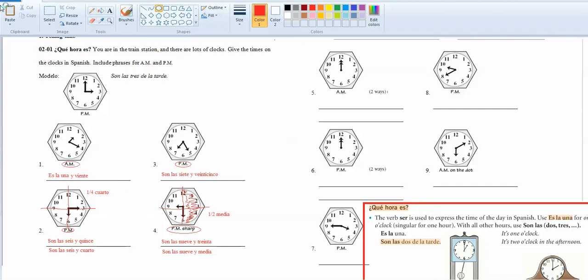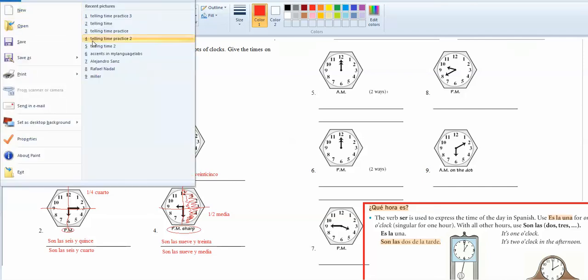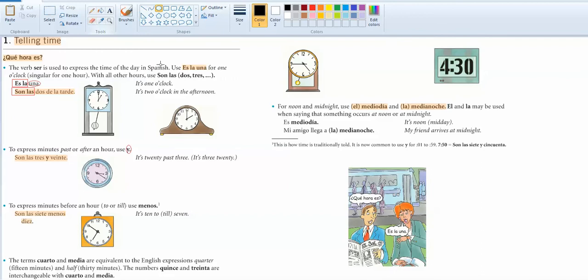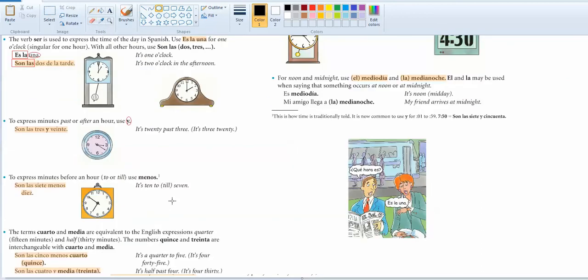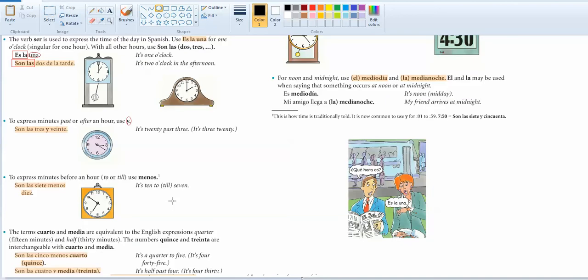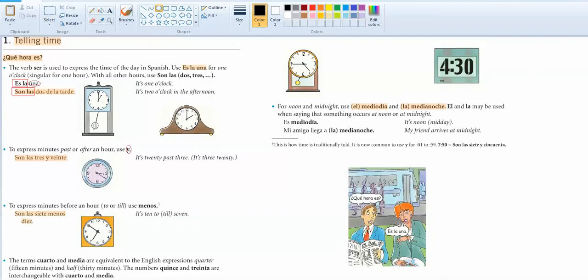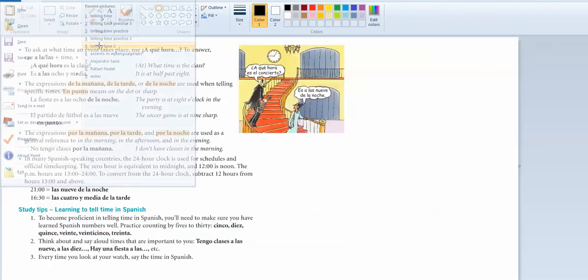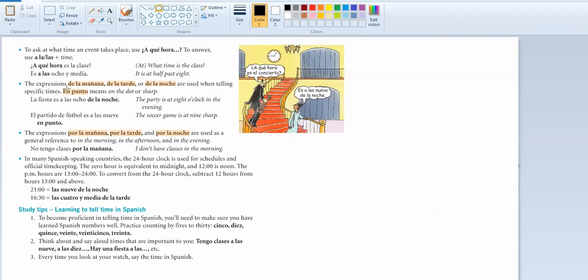So let's see if they're on our page. Okay, so if we look back here, there's our cuarto y media. This one doesn't mention it. I think it's actually in this one. Okay, the expressions de la mañana, de la tarde, or de la noche are used when telling specific times.